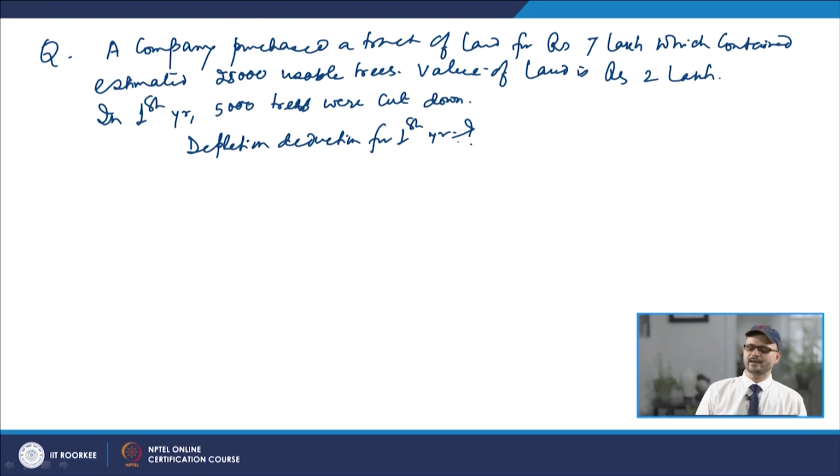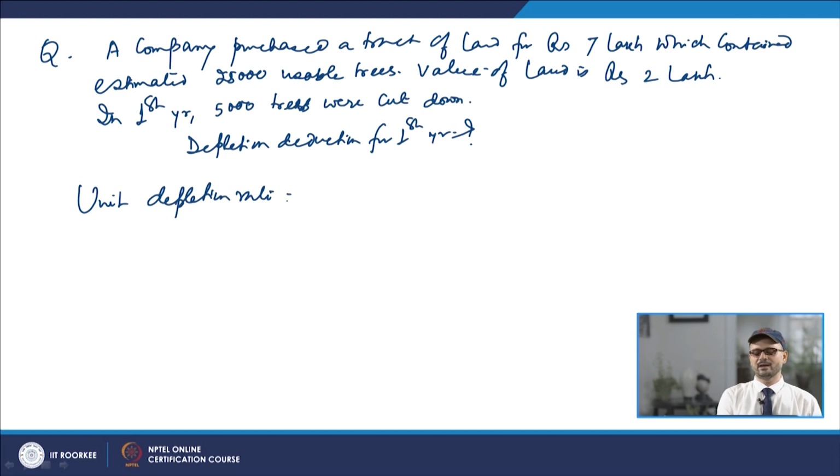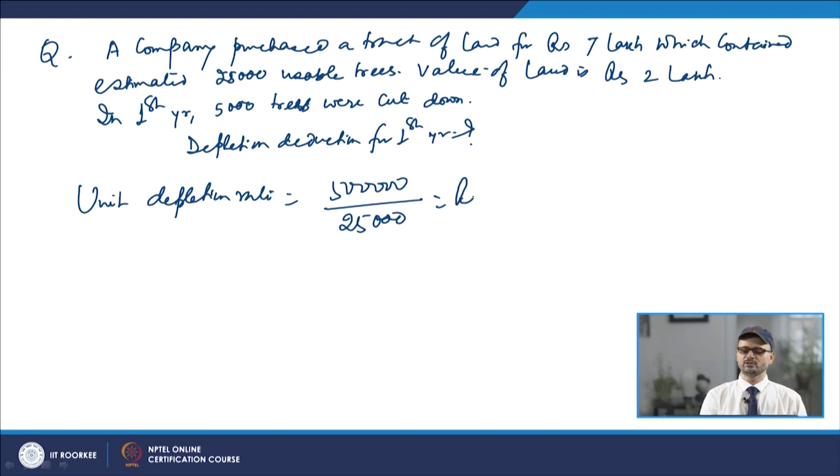Now, if you take the unit depletion rate for the trees, the unit depletion rate will be 5 lakh divided by 25,000 trees. So, it will be rupees 20 per tree.